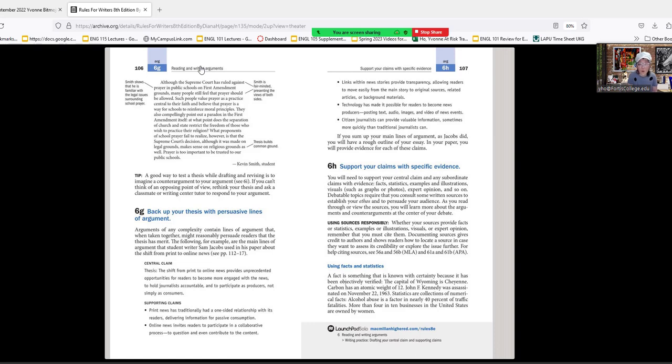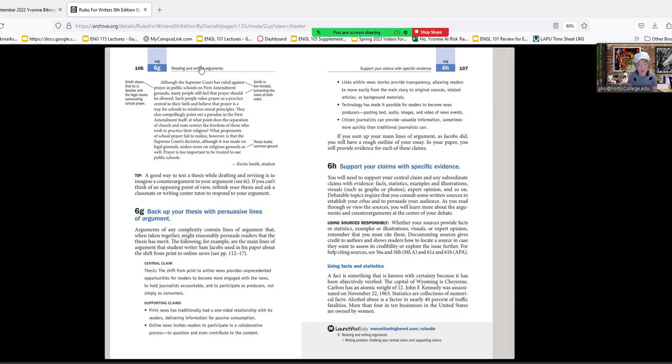Debatable topics require that you consult some written sources to establish your ethos and to persuade your audience. As you read through or view the sources, you will learn more about the arguments and counter-arguments at the center of your debate.